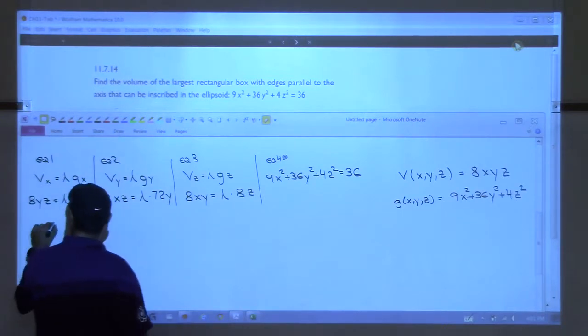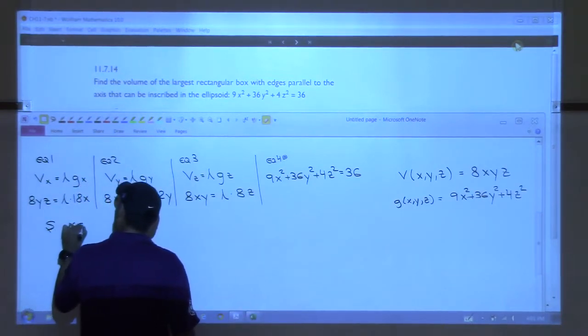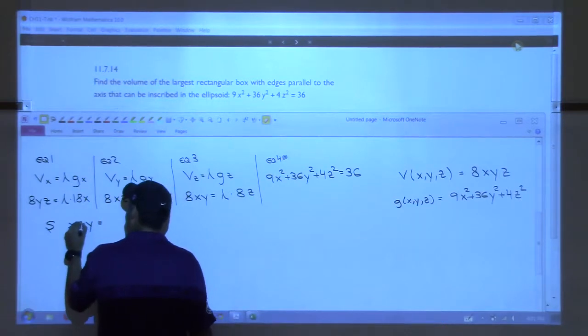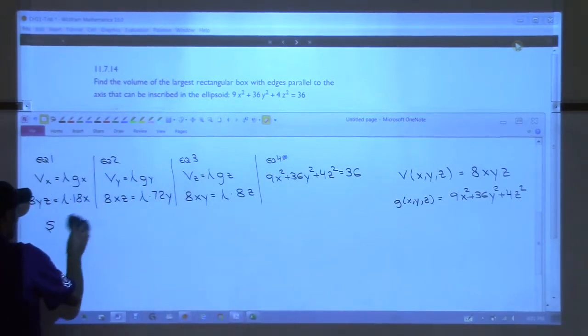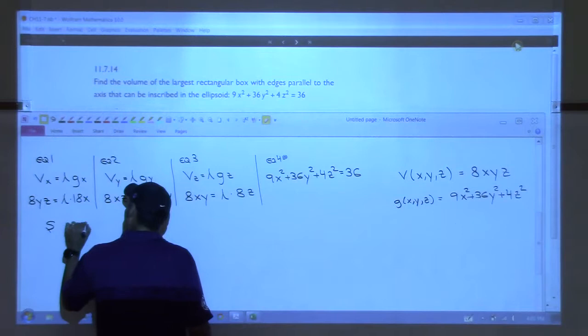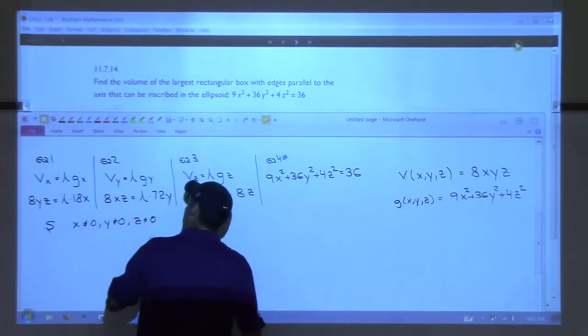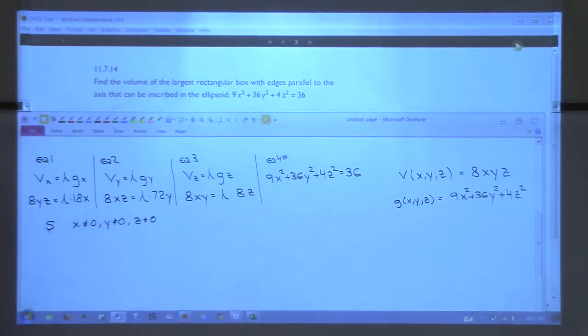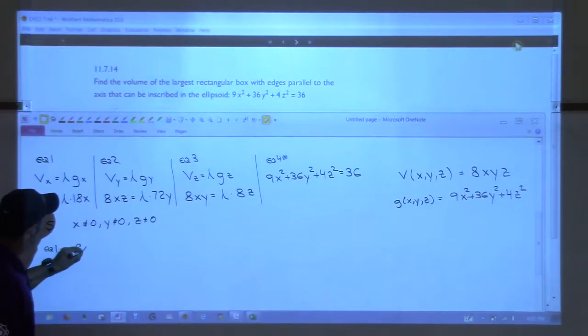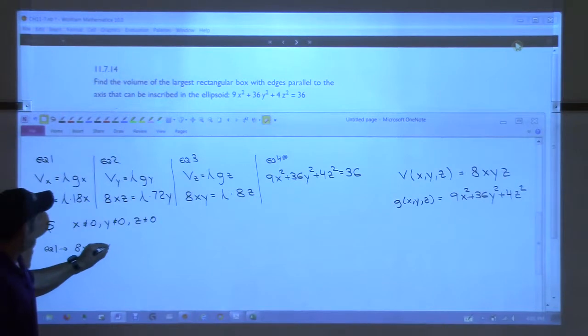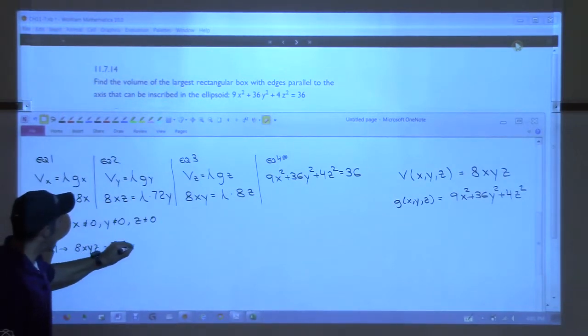So suppose x is not 0, y is not 0, and z is not 0. So suppose that those are all not 0. Then my first equation, equation 1, becomes 8xyz equals, I'm going to kind of rearrange this, 18 lambda x squared.